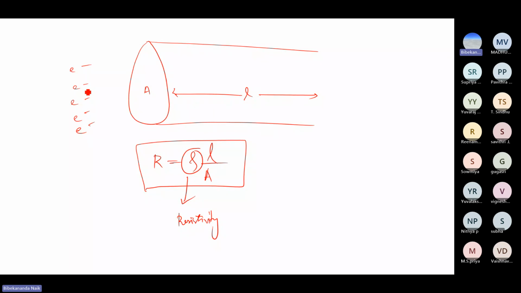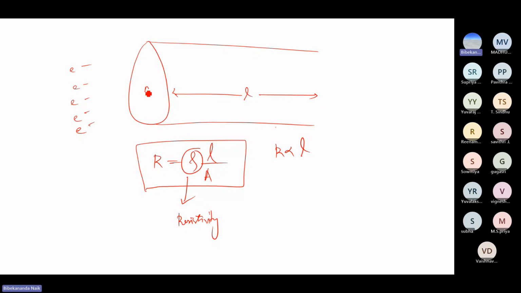When electrons move inside an electric wire due to potential difference, they will collide with each other, and due to those collisions, there is some opposition to the motion of the electrons from one side to another side. So you can clearly see from this relation why the resistance is proportional to L, because as the electrons travel a large distance, the probability of collisions is more, so the resistance will increase. So R is directly proportional to L.